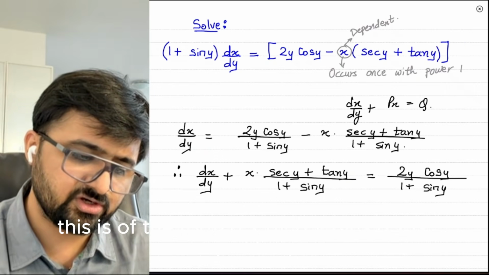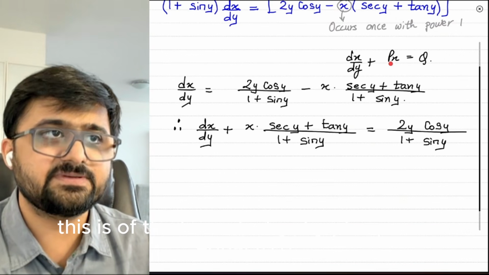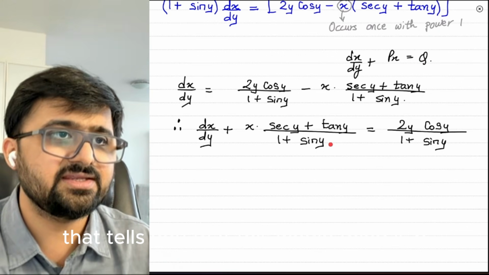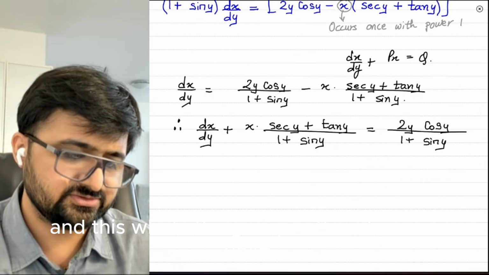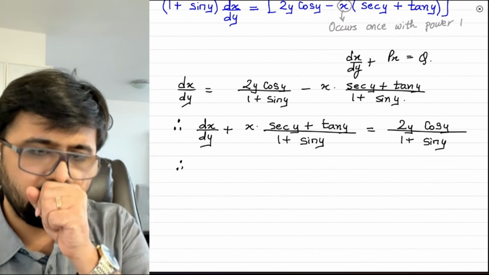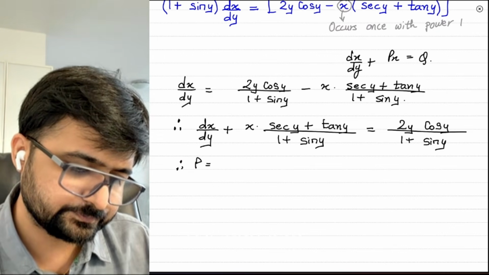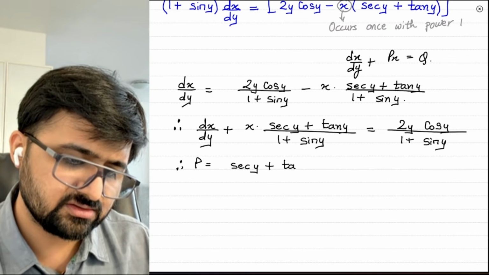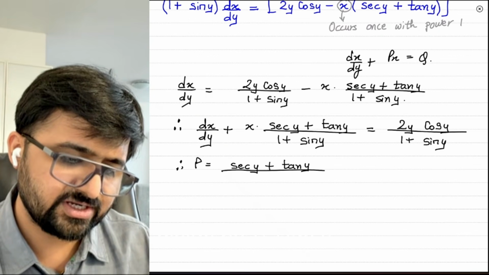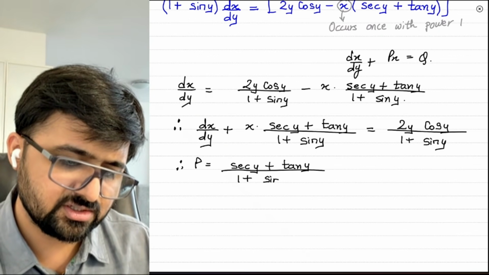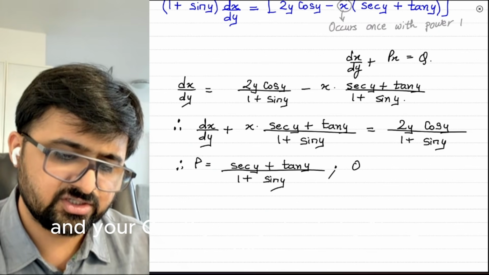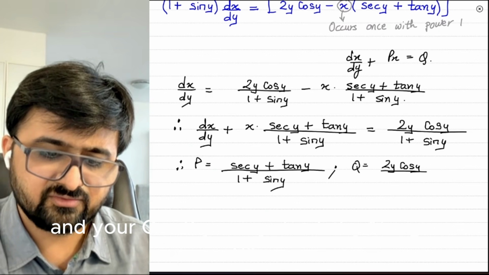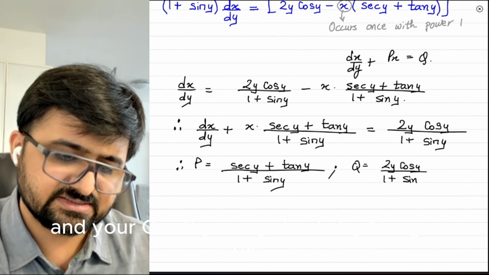Now this is of the form dx by dy plus px is equal to q. That tells you that p is (sec y plus tan y) divided by 1 plus sin y, and q is 2y cos y divided by 1 plus sin y.